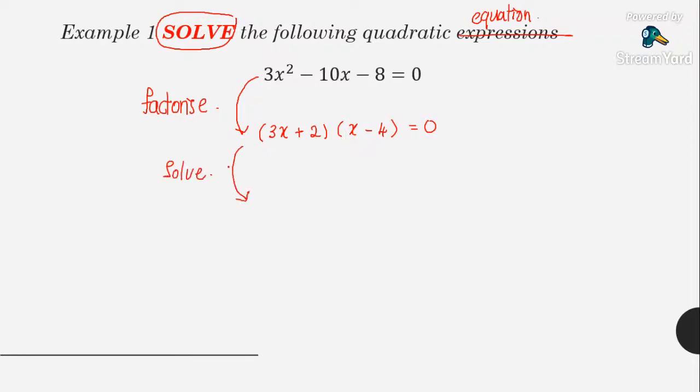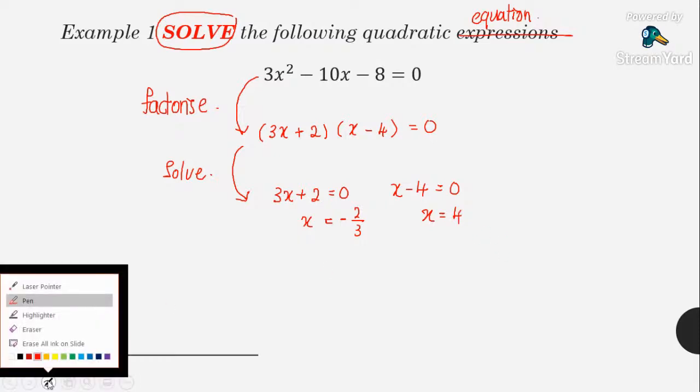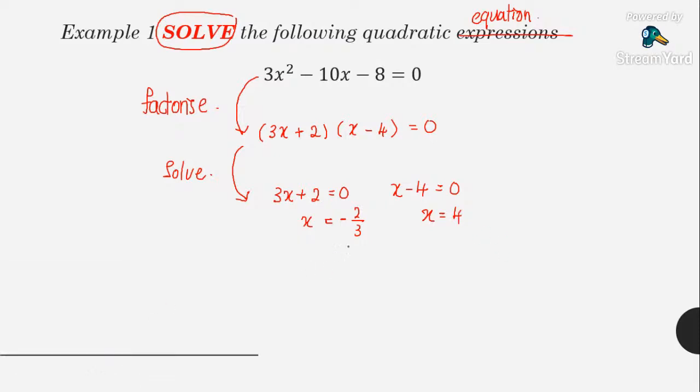Now we solve. When you solve, you take 3x plus 2 equals 0 and x minus 4 equals 0. So you can see this is x equals negative 2 over 3, and this is x equals 4. How do I illustrate it in a graph? After I have found the roots, I know that I have two roots here.